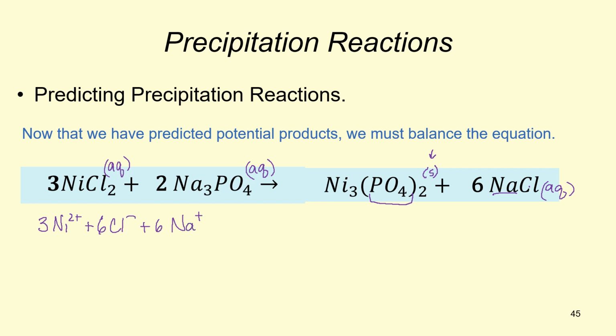So again, all 3 of these sodiums break apart separately, and because you have 2 whole molecules, you have a total of 6 ions that are separate. And then we have 2 phosphates. Phosphates are -3, so we have 2. On the right-hand side, because this is a solid, we keep it stuck together.